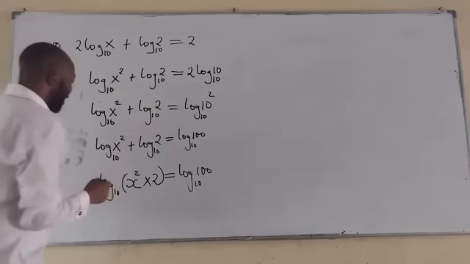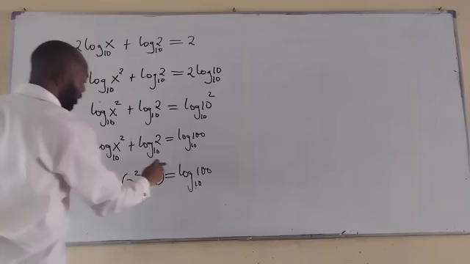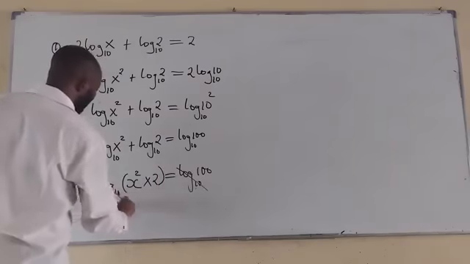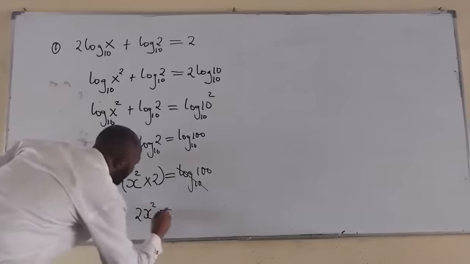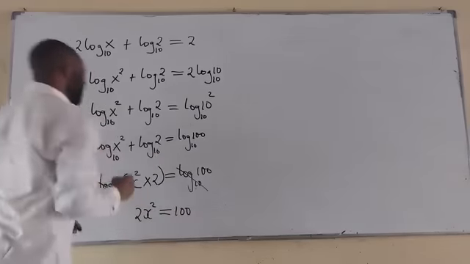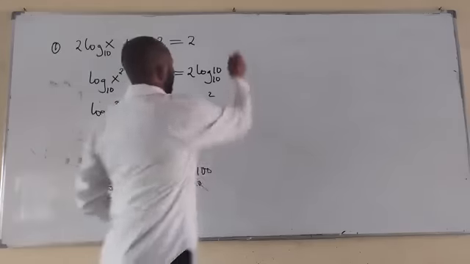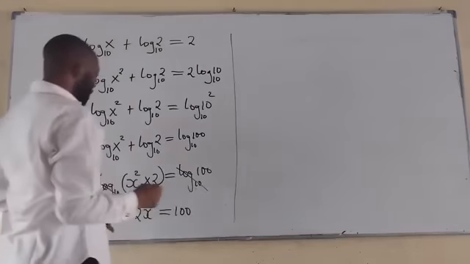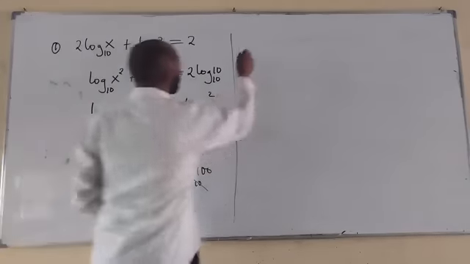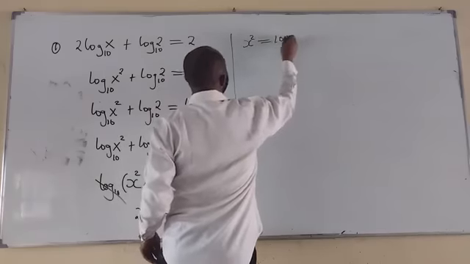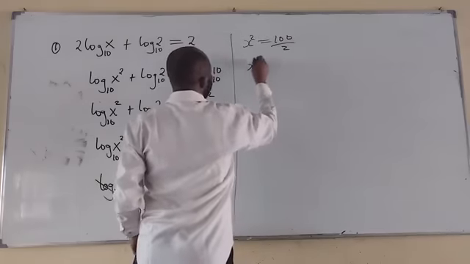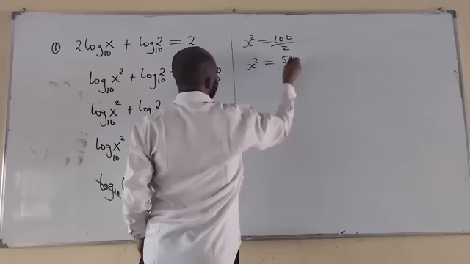Now, I have common log here, both are the same. I cancel them out. So I have 2x squared is equal to 100. Now, I divide both sides by 2. So x squared is equal to 100 over 2. x squared is equal to 50.